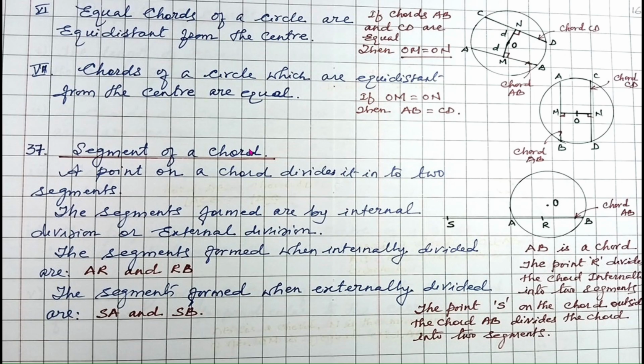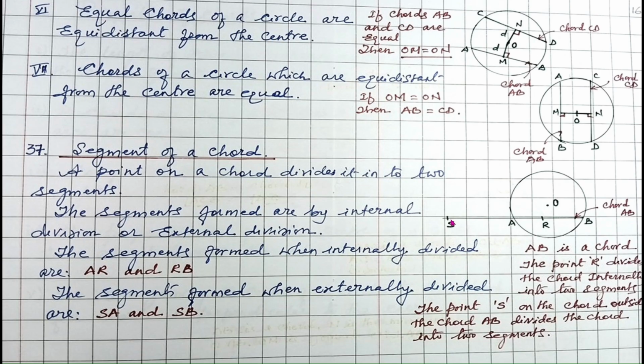Now the segments of a chord. A point on a chord divides it into two segments. Please understand this. Now the segments formed are by internal division or external division. The segments formed when internally divided are AR and RB. Now if you see here, R is a point on the chord AB and it is an internal division, and the internally divided segments are AR and RB.